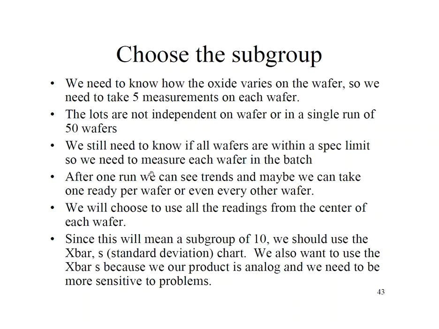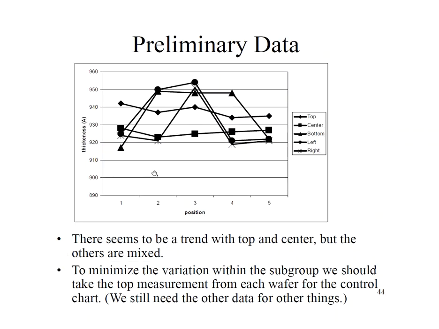Okay. So what we have here is position in the boat, right? First position, second, third, fourth, fifth. And then here we have top, center, bottom, left. Ideally, it would look kind of random, right, and not varying across the boat or top to bottom.